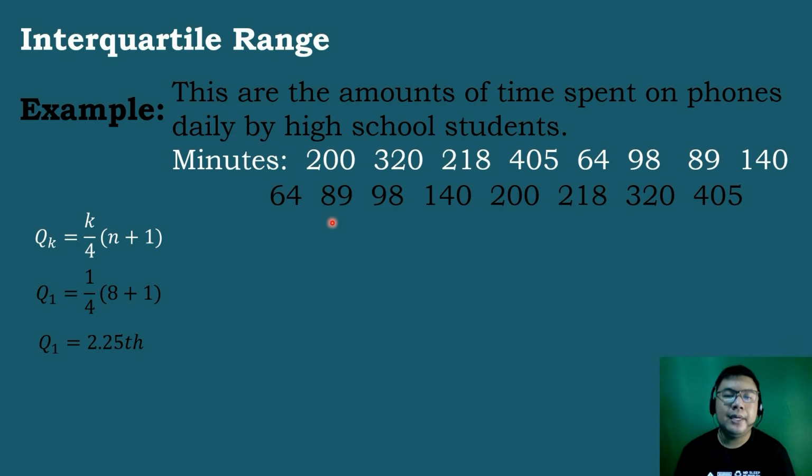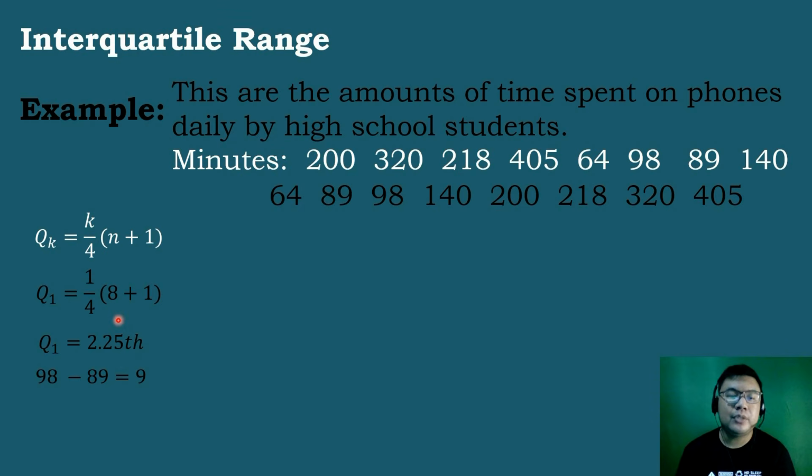So we identify the second and third numbers. This one will be the first number, second number, third number. The second number is 89 and the third number is 98. We get the difference of these two: 98 minus 89 is equal to 9.